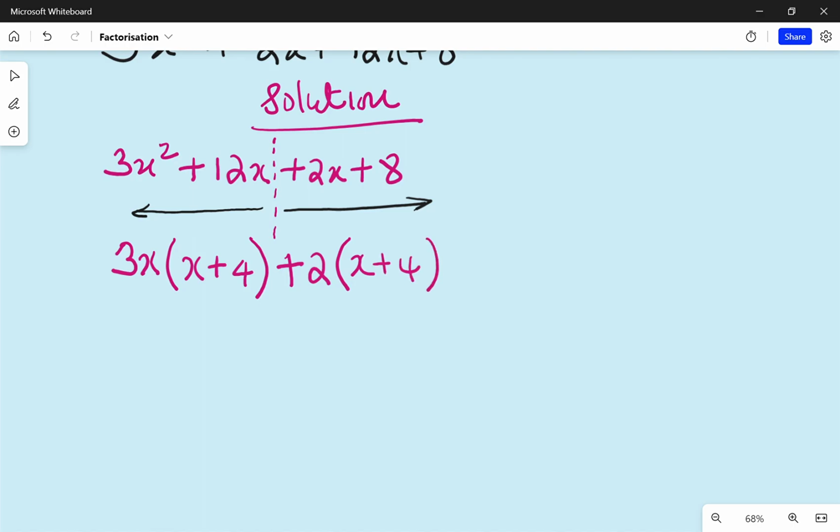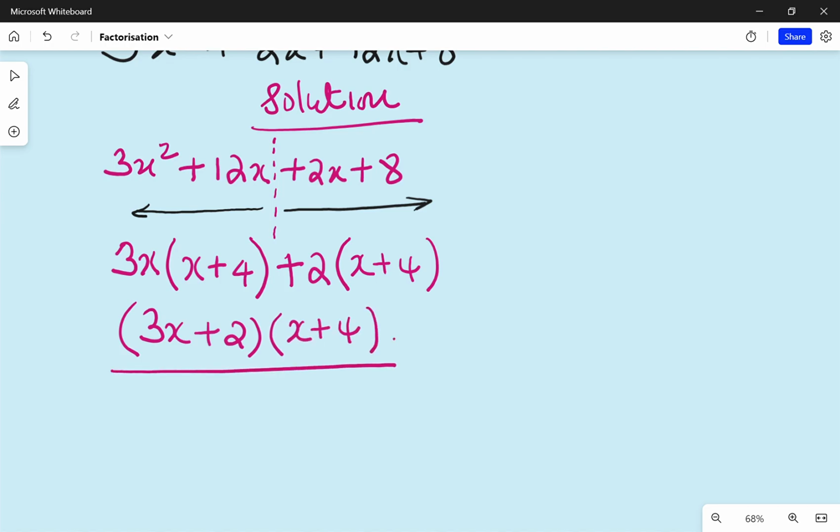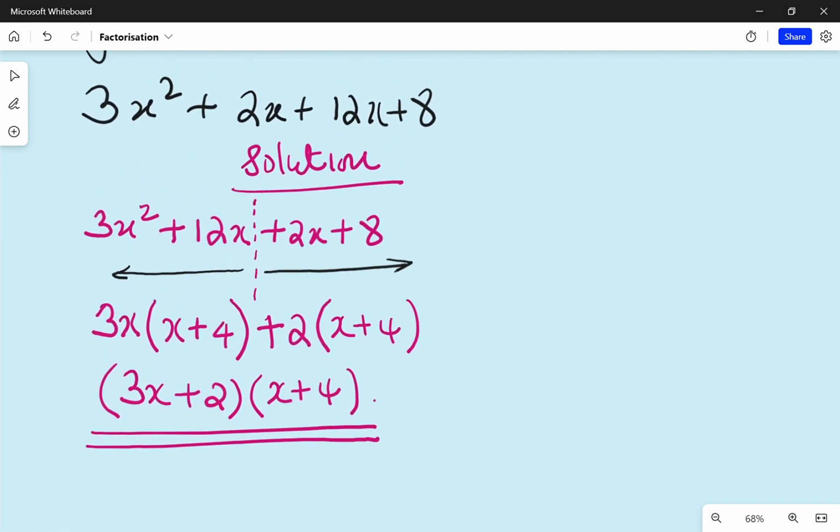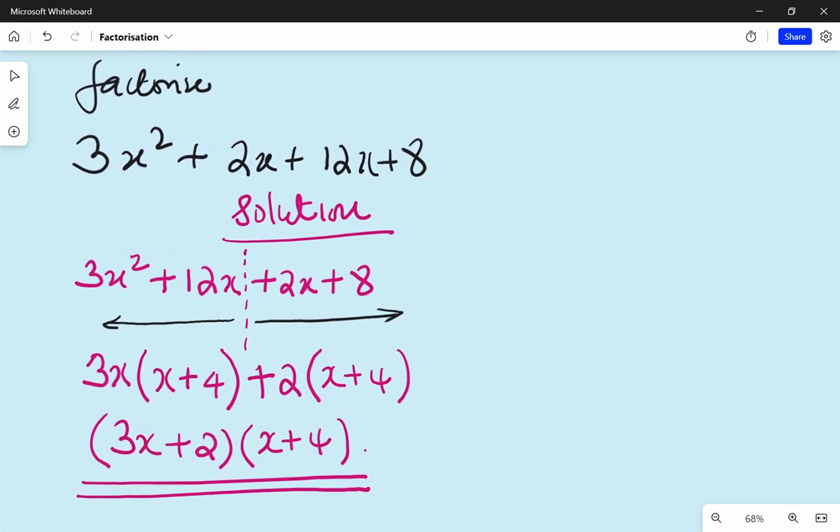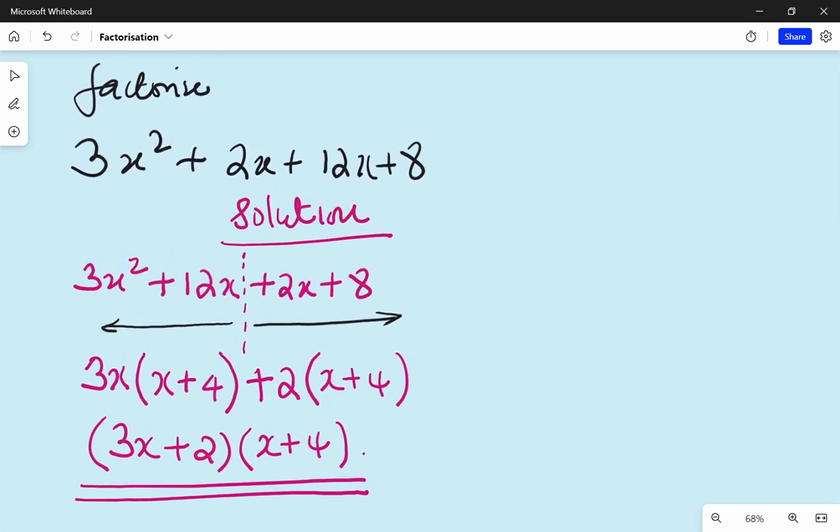You can see I have 3x and 2 outside the brackets, so I create a separate bracket for them: 3x plus 2, then one of these, x plus 4. This is your solution to that challenge. You have factorized. Let's look at the last question and then we can call it a day.